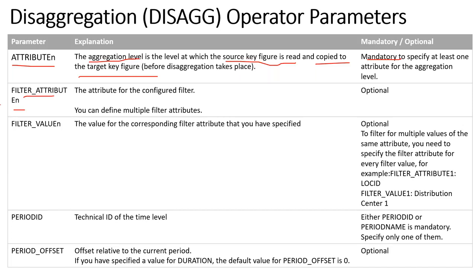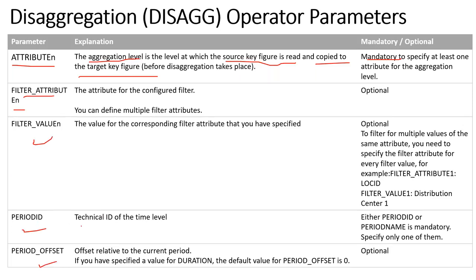So now if the planner runs the operator, it would copy only for that brand X. So instead of giving it as an interactive selection, you can also make it a hard coded selection in the operator itself. These are the other parameters that we use.